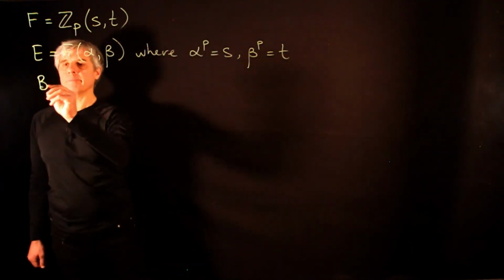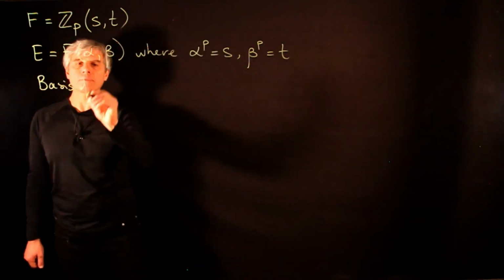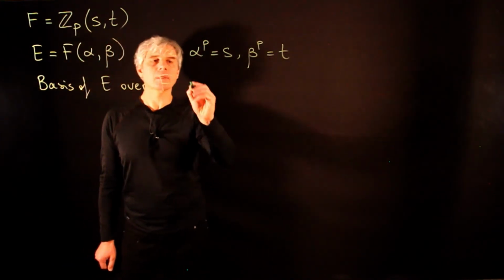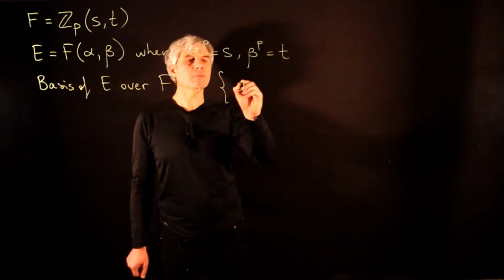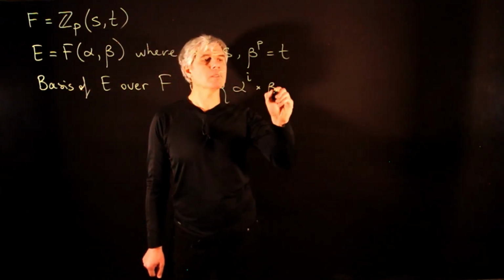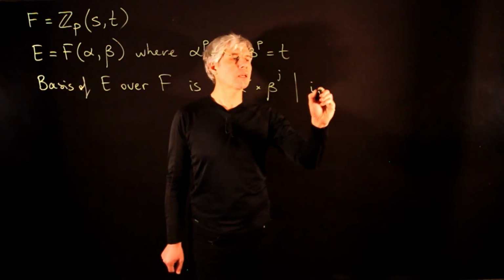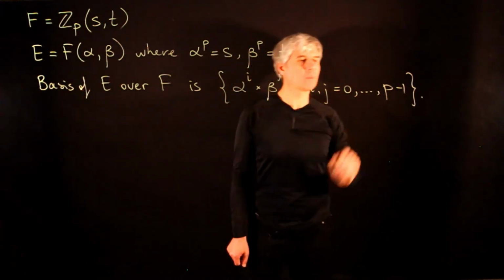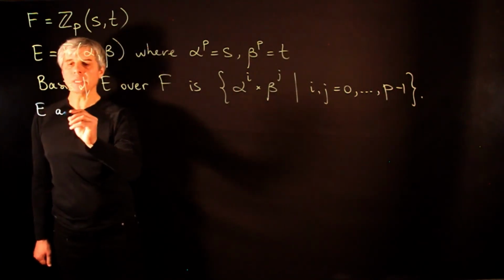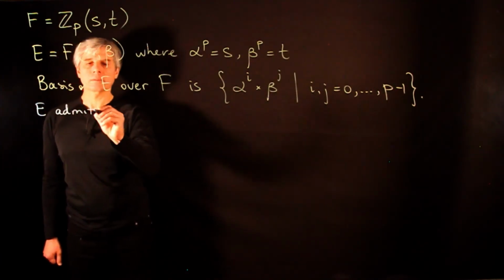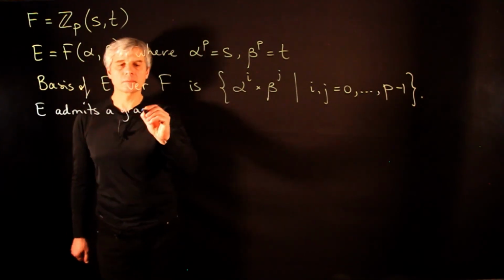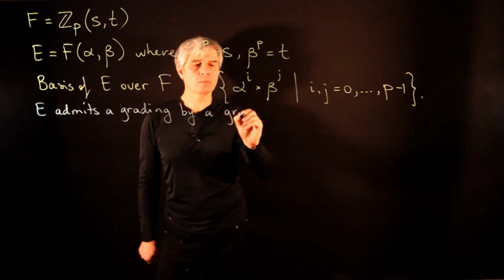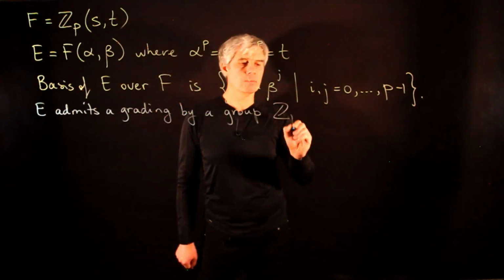So here a basis of E over F consists of alpha to the power i times beta to the power j, where i and j go from 0 to p minus 1. The field E admits a grading by the group Z_p.